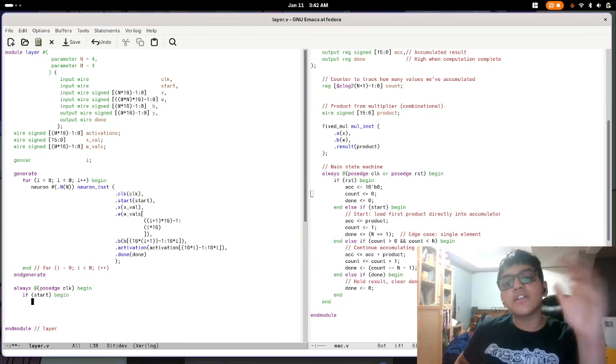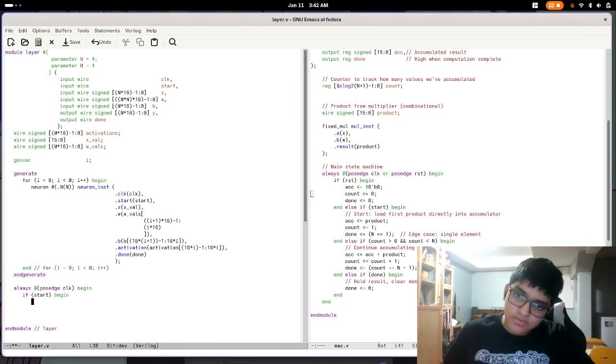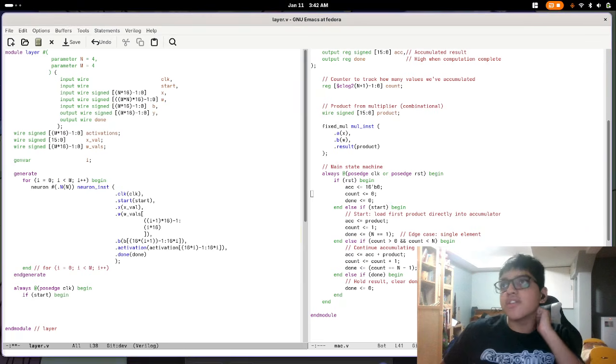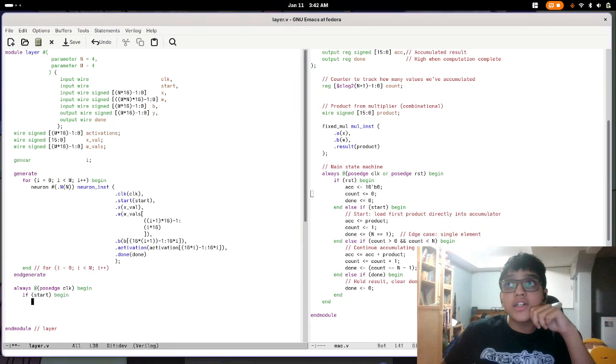Over here we load the first product directly into the accumulator. Count. I guess we don't really need to do any of that control logic because that should be handled by the neurons individually.